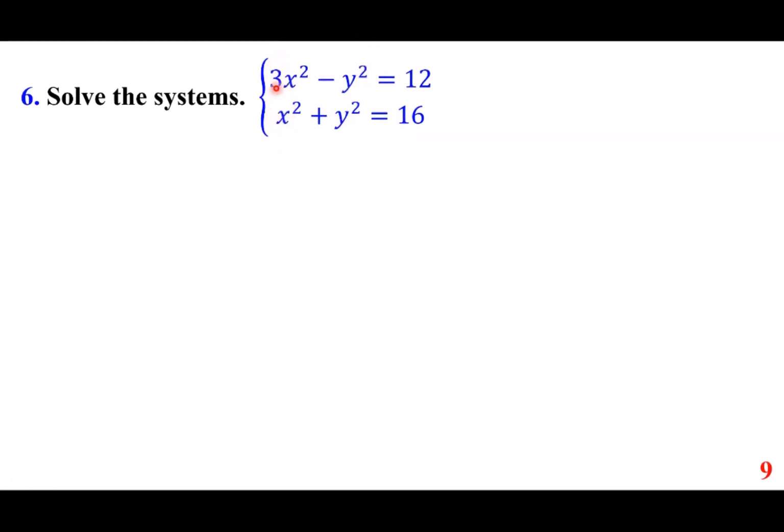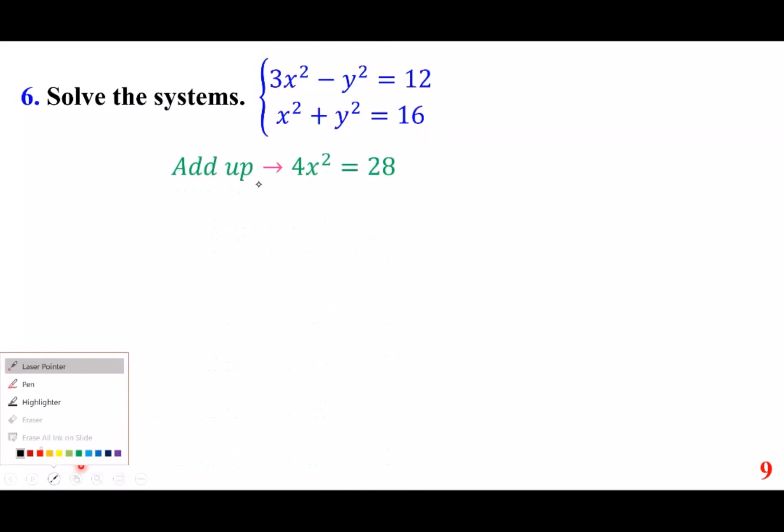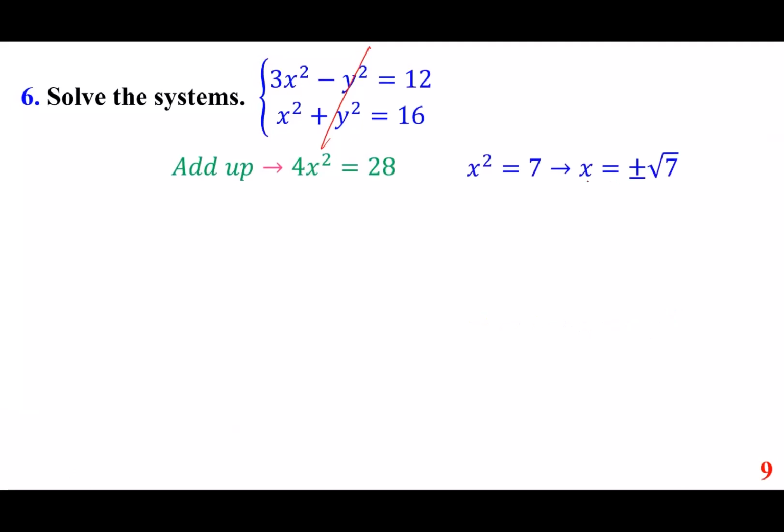These two add up to 4x squared, which adds up to 28. Divide by 4. X squared is 7, and x is plus minus square root of 7. So there are two answers for x.